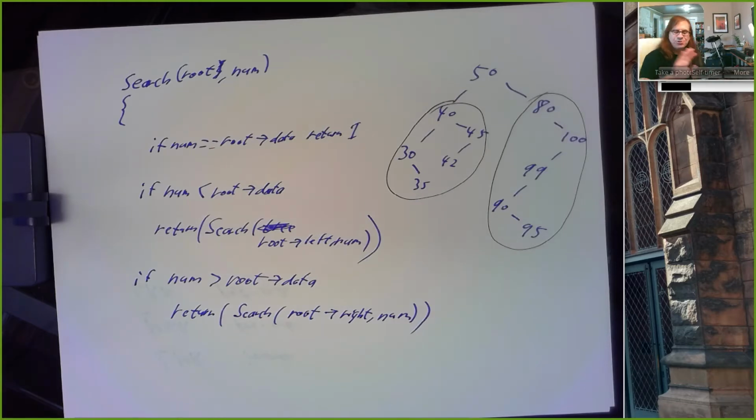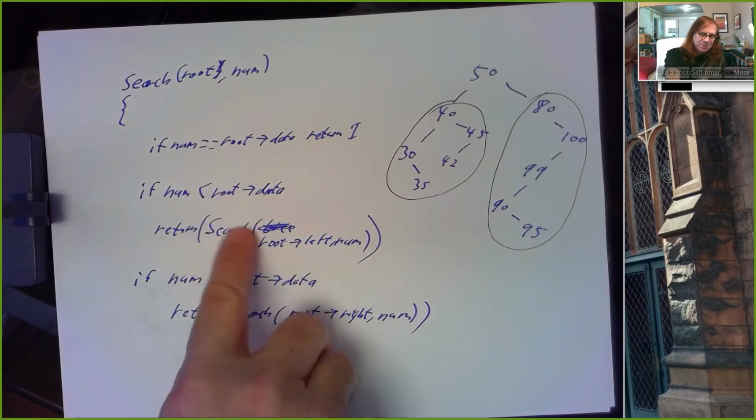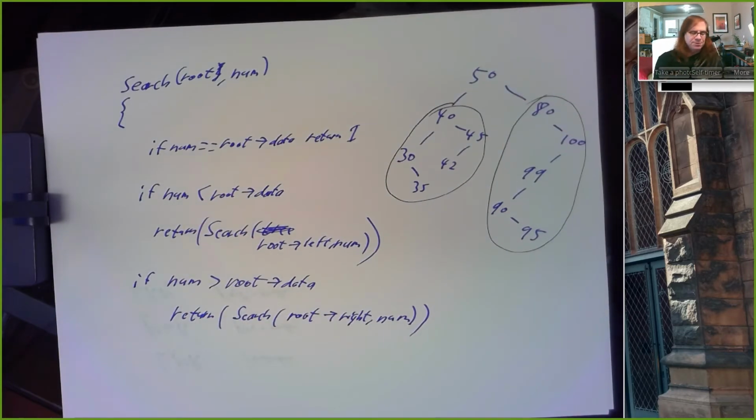And I'm just assuming that there's nothing in the tree twice, right? So let's not worry about edge cases like that. So your number is either equal to the root, it's less than the root, or it's bigger than the root, right?